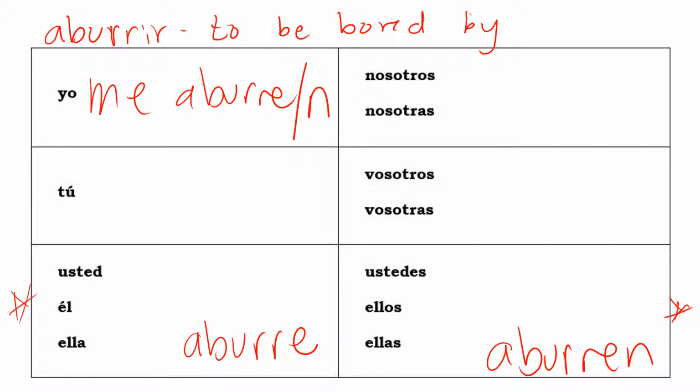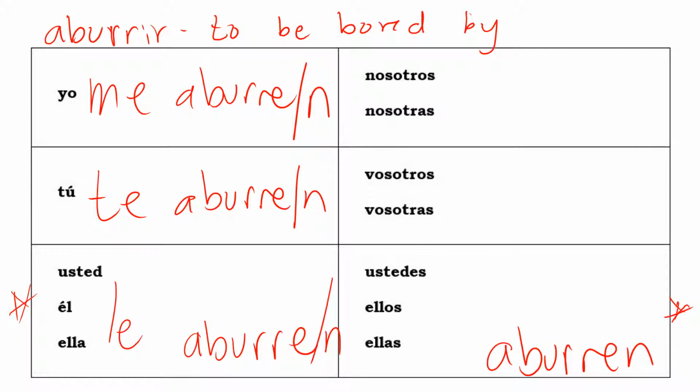If you are bored by something, either te aburre or te aburren. If he, she, or you formal is bored by something, le aburre or le aburren.